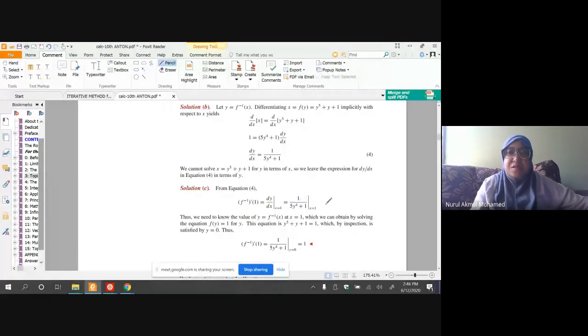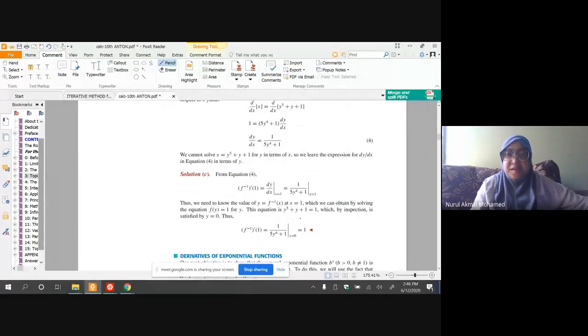We should just substitute x equal to 1, but somehow there is no 1. There is no variable x in these expressions. So we need to know the value of y, which is f inverse of x at x equal to 1. So y to the power of 5 plus y plus 1 is equal to 1.